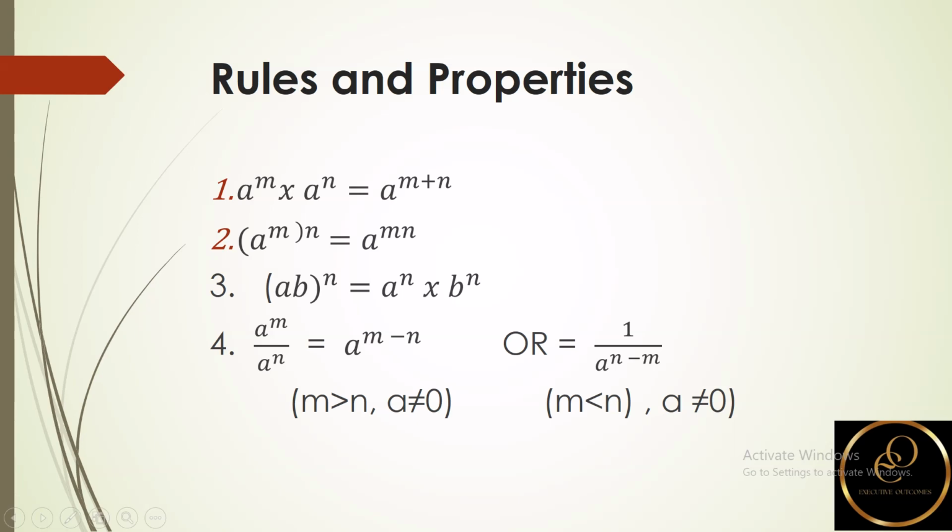Here it's m, here it's n. When you have a common base but different exponents and you are multiplying, the rule says the base stays the same and you simply add the exponents. So a to the power m times a to the power n is equal to a to the power m plus n. That's what you should remember.